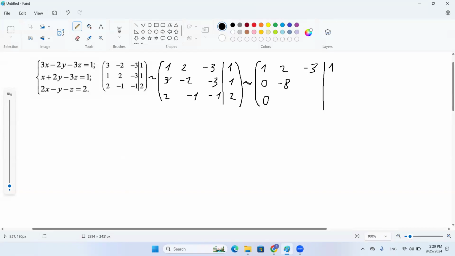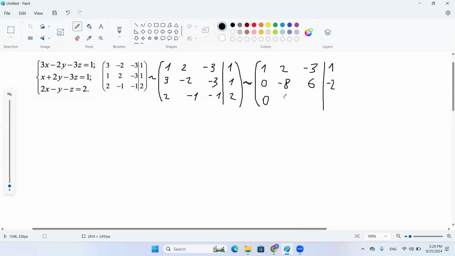So I have to multiply it by 3 and then subtract. So be careful with the signs. 6. Yeah, 6. So we multiply by 3, we have -9, and we subtract, so we add 9. So 9 minus 3 is 6. And here, -2. -2, yeah.